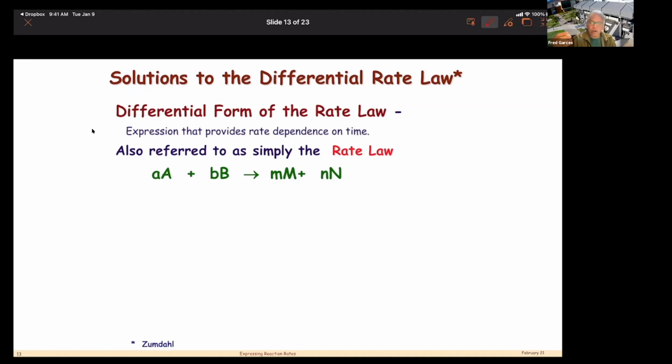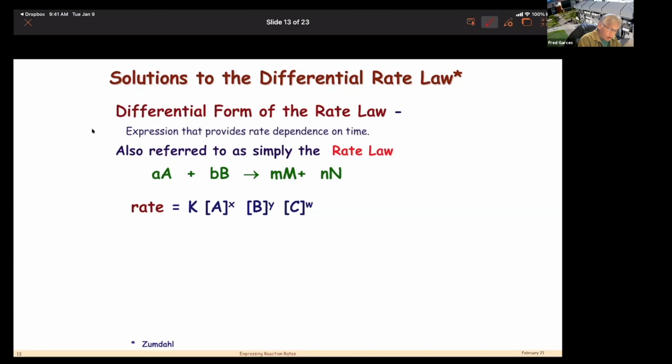So this is called the method of initial rates. We have a reaction A plus B goes to M plus N. It's generic. When I say generic, it means that it's not specific. I'm just using symbols to illustrate the topic that I'm talking about. So the rate law is going to be equal to this.